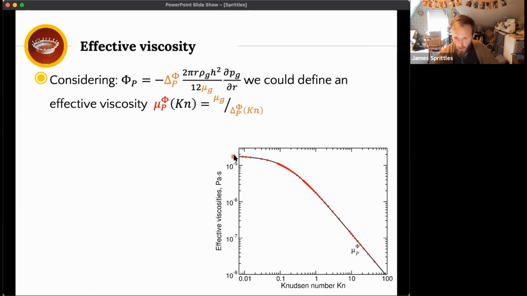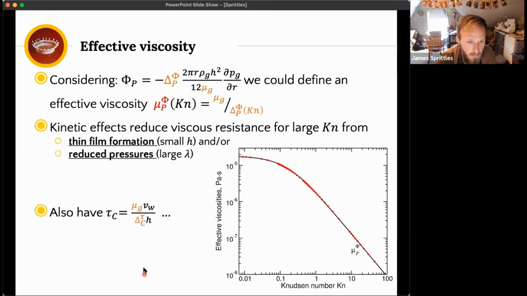But as the Knudsen number increases, this effective viscosity reduces very quickly. Essentially, that means that at higher Knudsen number, it's relatively easier to remove gas from channels than it would be with the no slip Stokes flow type model.